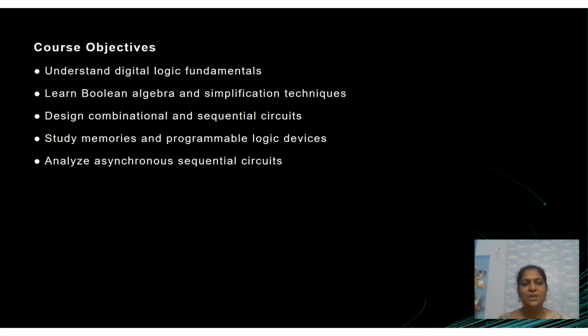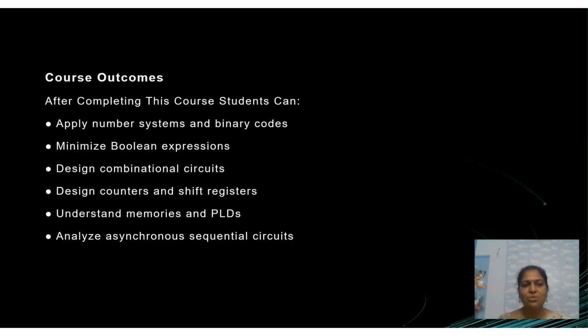So what are the course objectives? The course objectives belonging to the digital electronics subject are: understand digital logic fundamentals, learn Boolean algebra and simplification techniques, and next, design combinational and sequential circuits, study memories and programmable logic devices, and finally analyze asynchronous sequential circuits. Next, come to the course outcomes.